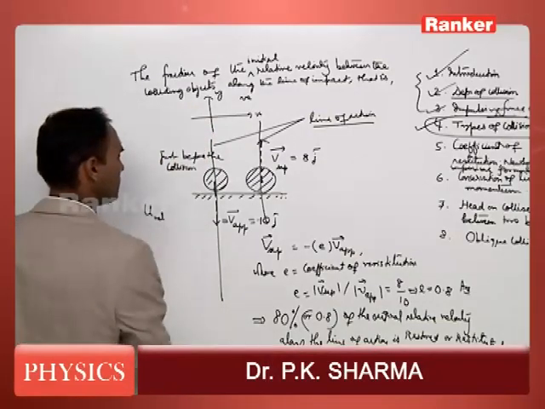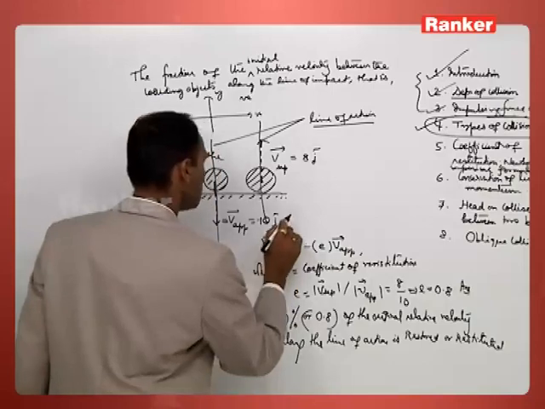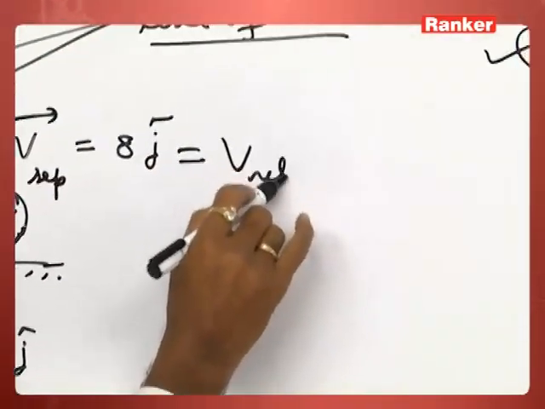That's the u relative. And separation velocity is v relative.